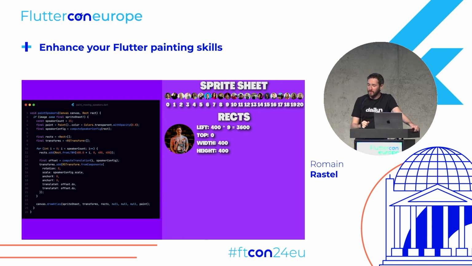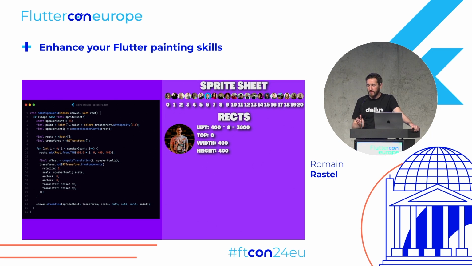If we want to get this man, we have to provide a rectangle where the left is 400, which is the width of one speaker, multiplied by its number, so here it's 9, and then we get the left position. The top, as I said before, is 0 because we just have one line. And then we provide a width and a height of 400 because all my speakers have the same size.